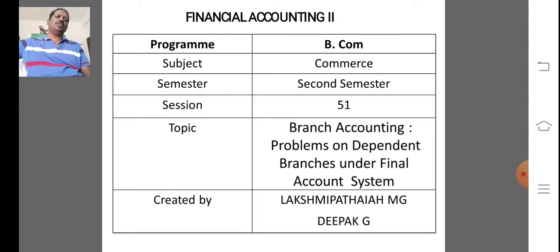Under the final account system we are discussing, it is one of the methods of branch accounting.